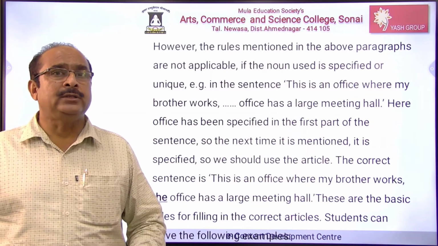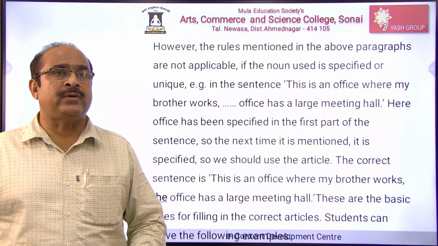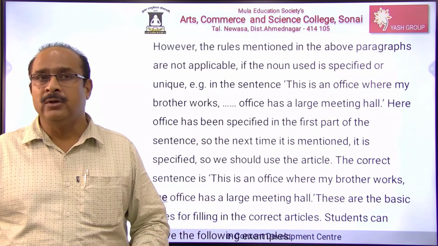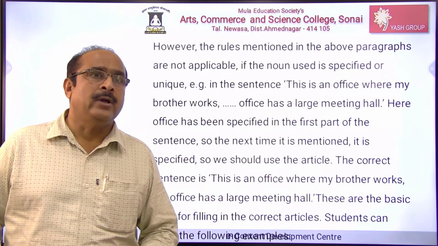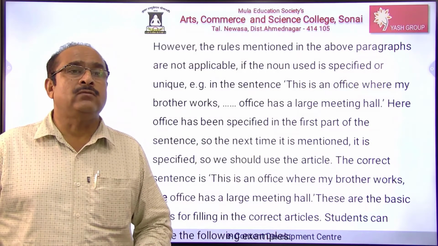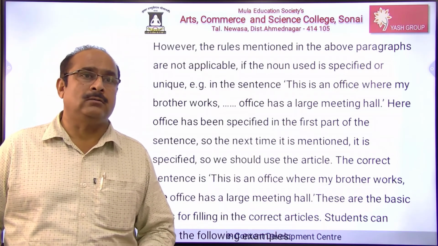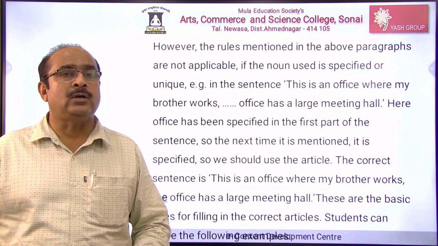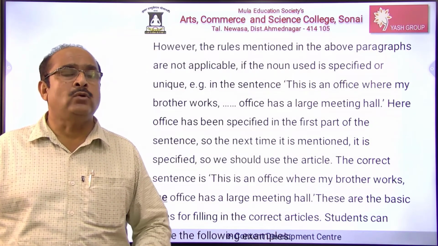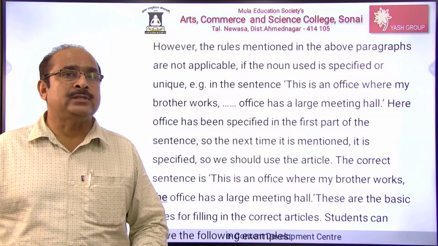However, the rules mentioned in the above paragraphs are not applicable if the noun used is specified or unique. For example, in the sentence, "This is an office where my brother works. Dash dash office has a large meeting hall." In this case, you can notice that the word office occurs for the second time. There we have to use the article the, because the word office has been specified.